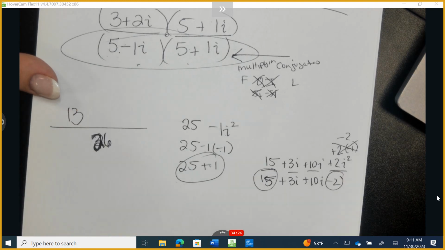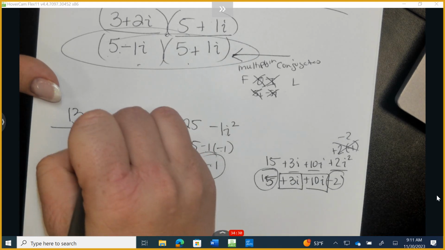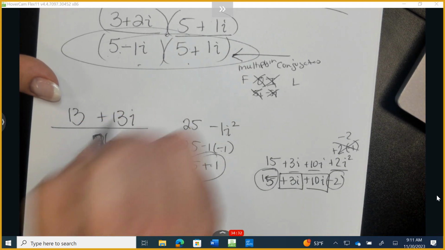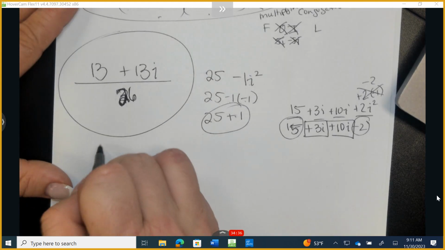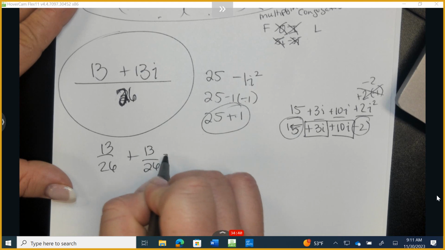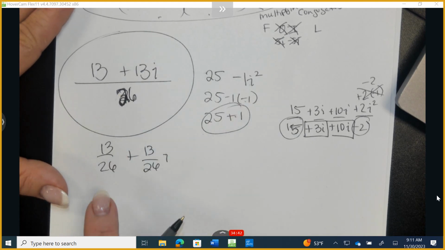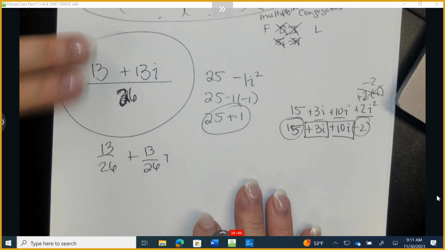That gives me 13. 3 and 10 are like terms to give me 13i. If you wanted to separate without reducing, it would look like this. If you wanted to separate into the real and the imaginary part of the complex number, that'd be fine. Otherwise, I'm okay at this point leaving it in this form.